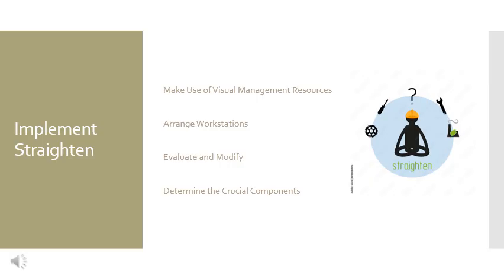And the last one is to determine the crucial components. It is basically the discussion of the need to identify the key elements in any process. Like if there is anything going on at a construction site, what are the key steps involved in that particular process that will majorly affect the success of that project?